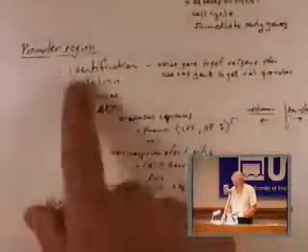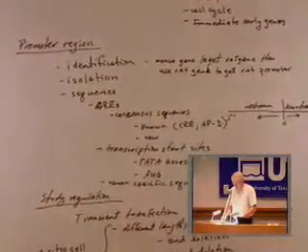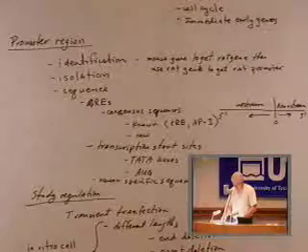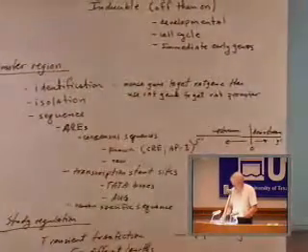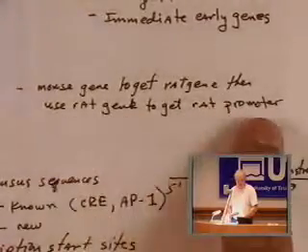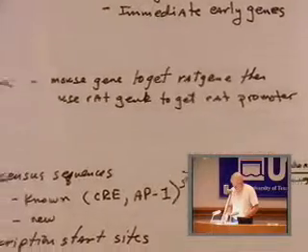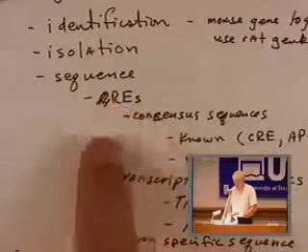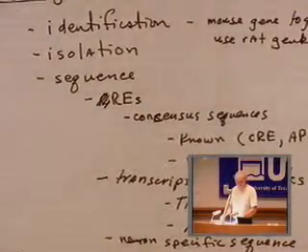Then we talked about the promoter region, identification, isolation, sequencing. An example of the identification was getting a mouse gene to get the rat gene, then use the rat gene to get the rat promoter. So some examples of how things have been done. With the sequences, there was the response elements that we talked about before, regulatory elements.